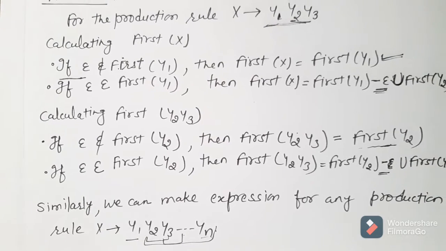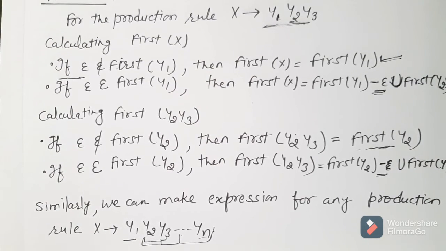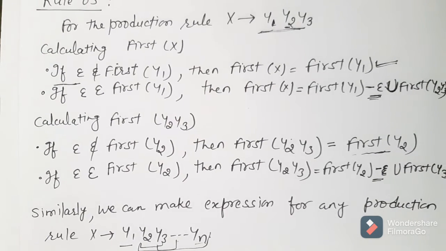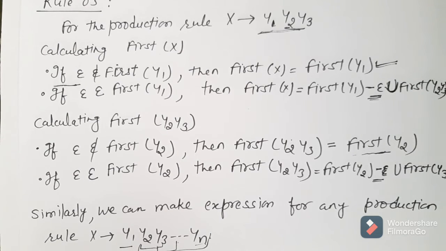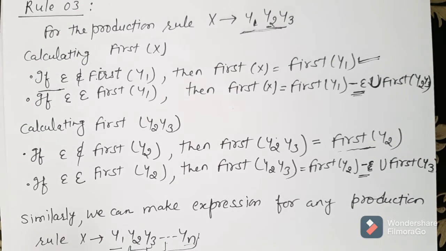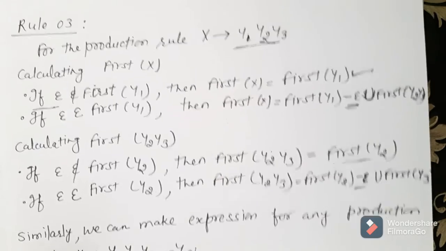The main thing here is to find out if epsilon exists. If epsilon exists as a first symbol, then we have to do a subtraction operation, meaning we have to omit, subtract epsilon, and add the further input data as well. So these are the rules for calculating the first function.